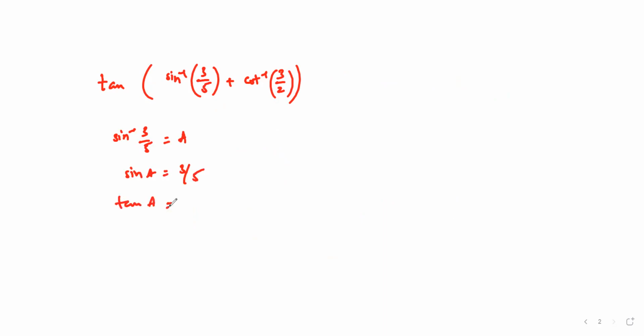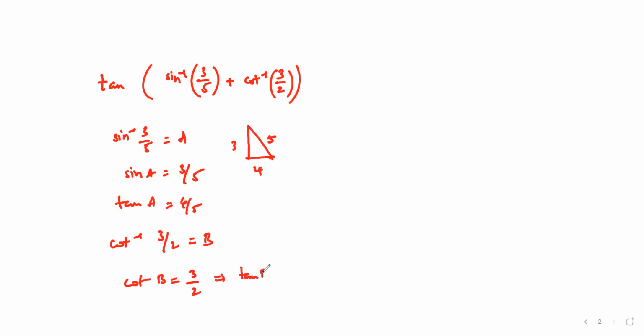Then tan A will be equal to 4 by 5 from this right angle triangle. And I have cot inverse of 3 by 2 equals B. So cot B is 3 by 2, which implies tan B equals 2 by 3.